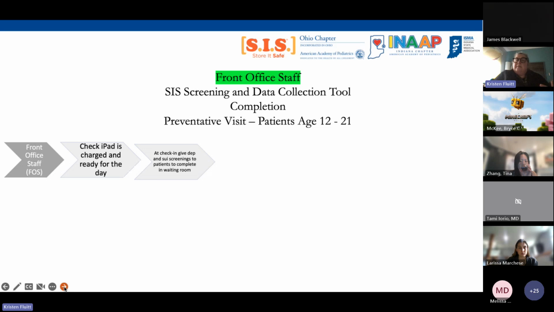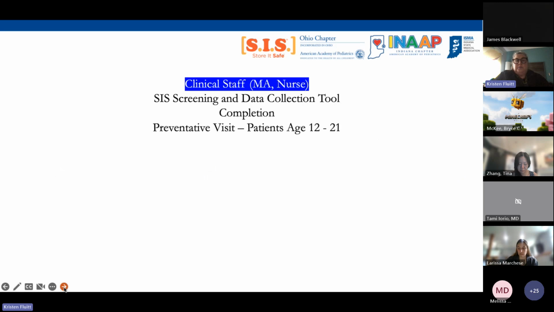And then at check-in, they may give the paper, or if you have some other tablet that actually has the screenings on it, they may give those screenings to the patients to complete in the waiting room. And then at the end of the day, they may be the person that double checks that all the iPads are charging and put away where they're supposed to go.